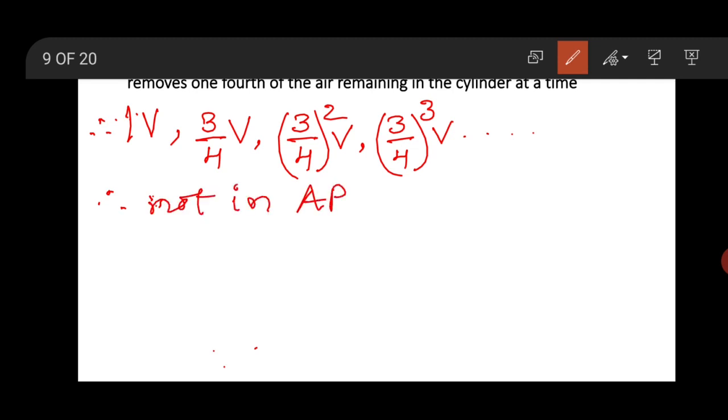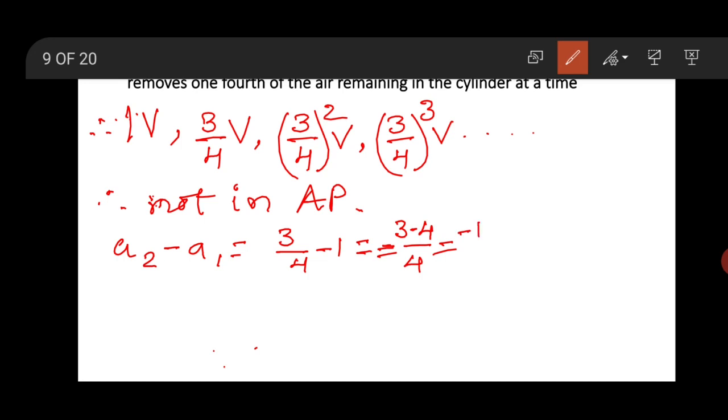Why? Give the reason. Because A2 minus A1 is equal to 3/4 minus 1. Taking the LCM, 3 minus 4 over 4, that is equal to minus 1/4. Again, A3 minus A2: A3 is (3/4) squared minus A2, which is 3/4.